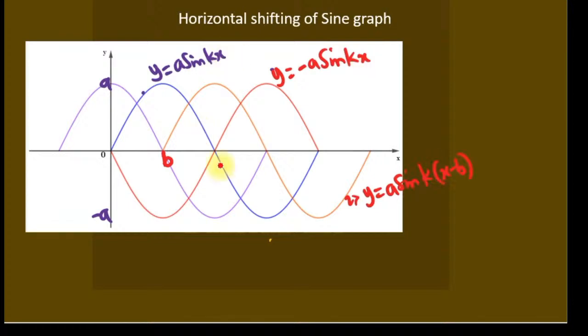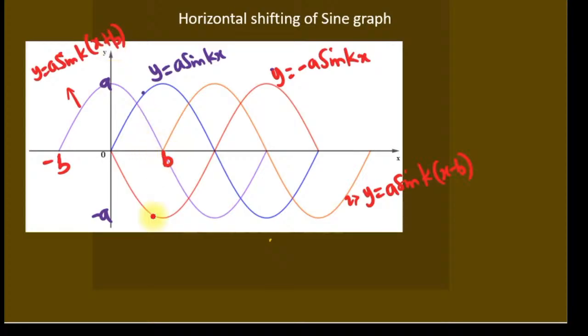Yes. But if I shift it to the left, b units, that is now plus b. So this graph will be y equal to A sine k bracket x plus b.